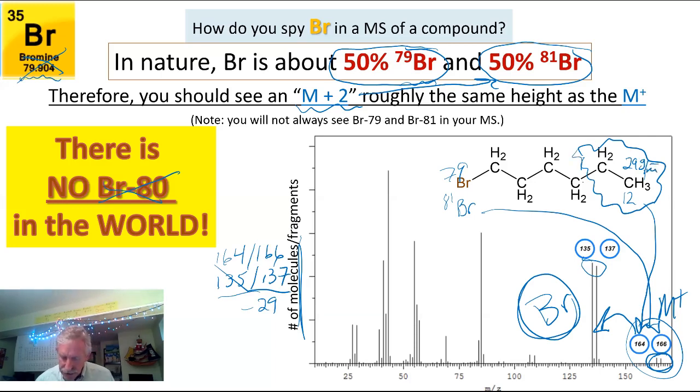So to get to this fragment right here, some of the molecules that got injected into my mass spec must have been bombarded with electrons. Remember? Boom! Destruction! Very few molecules remained intact as a whole molecule, but a lot more fell apart and lost an ethyl group.